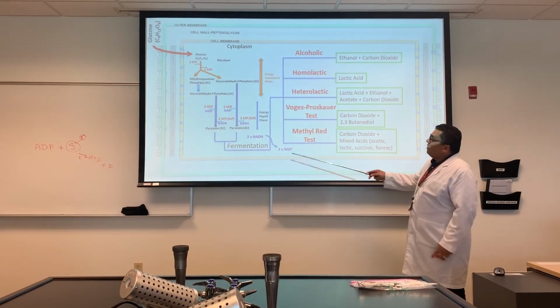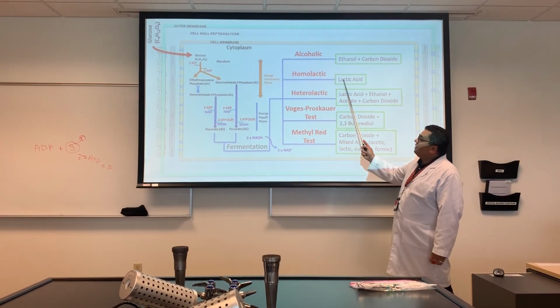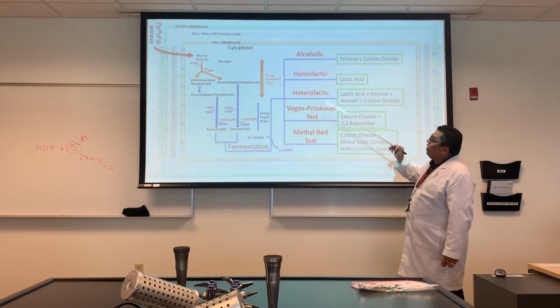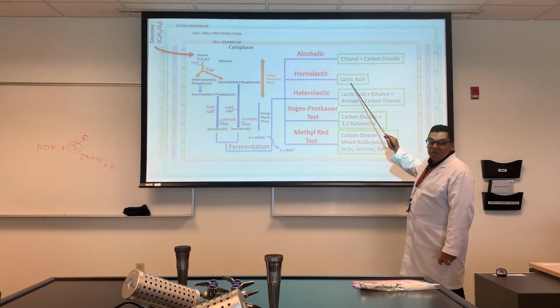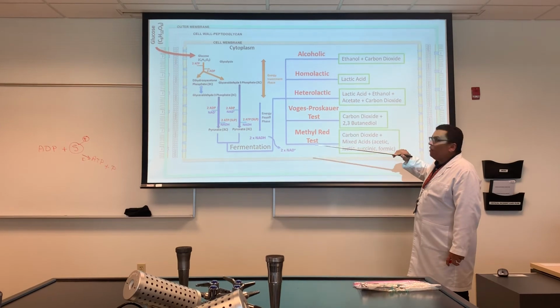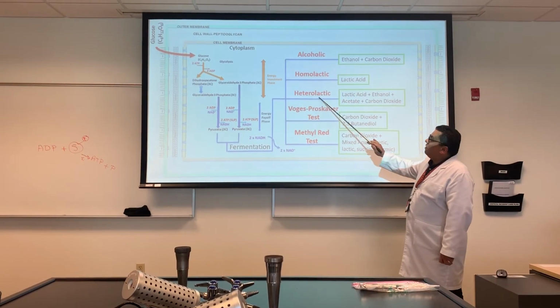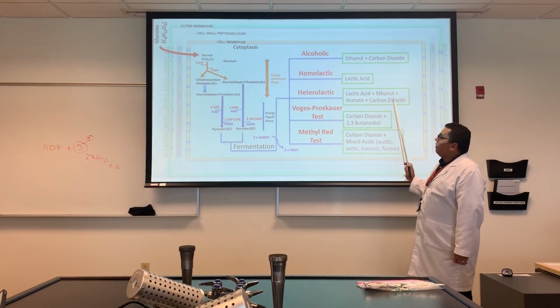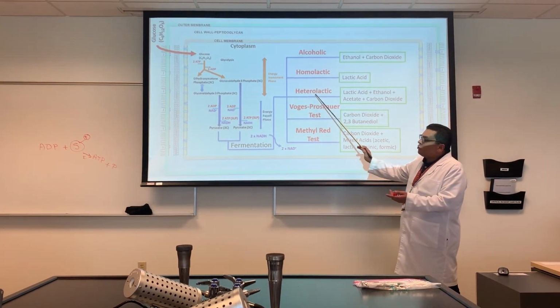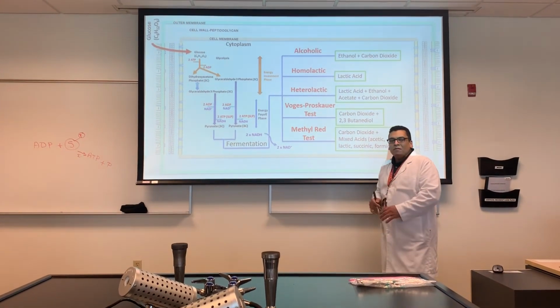Some bacteria ferment the pyruvate into lactic acid. We're like this one. Animal cells make lactic acid fermentation. All right, some bacteria take the pyruvate and make lactic acid and ethanol and carbon dioxide. They're called heterolactic. They're kind of like a mixture of things.